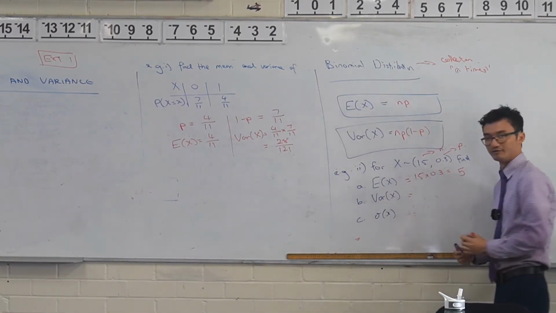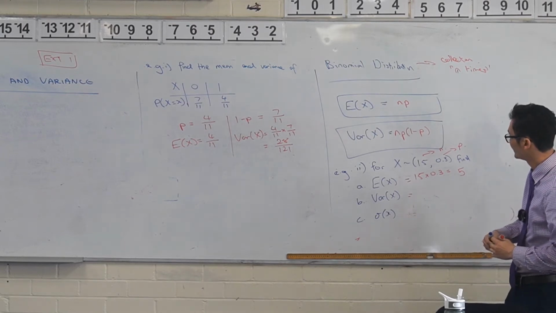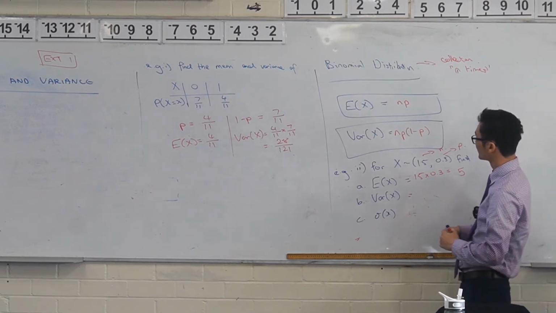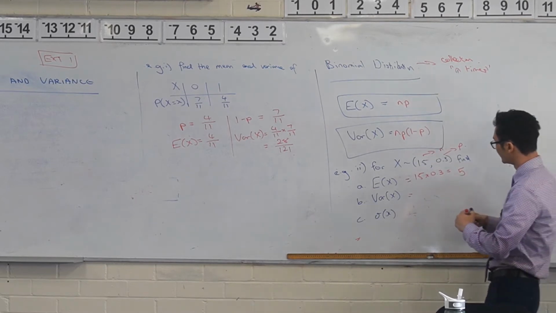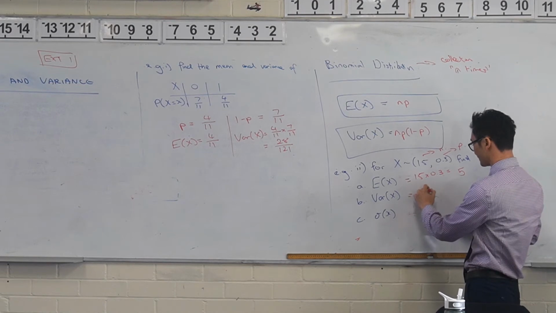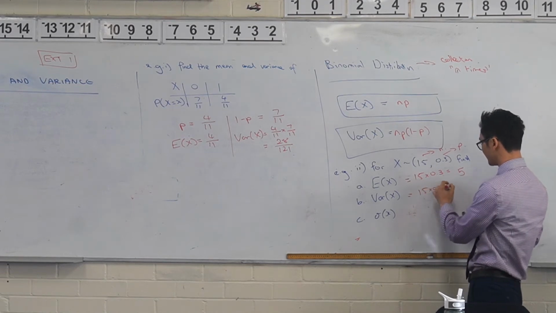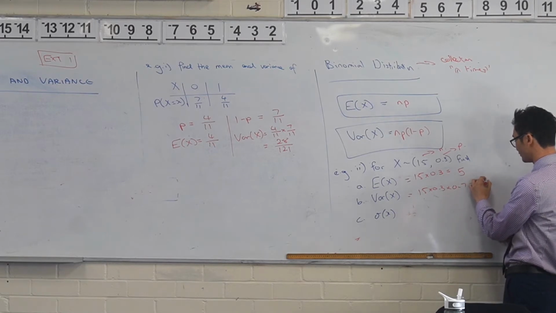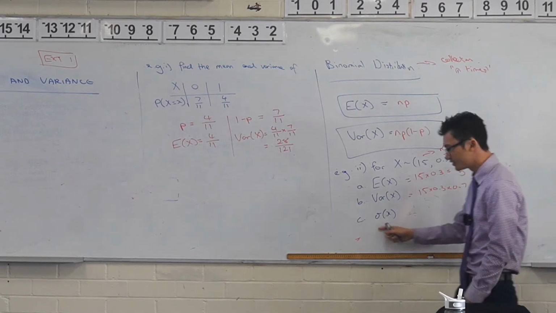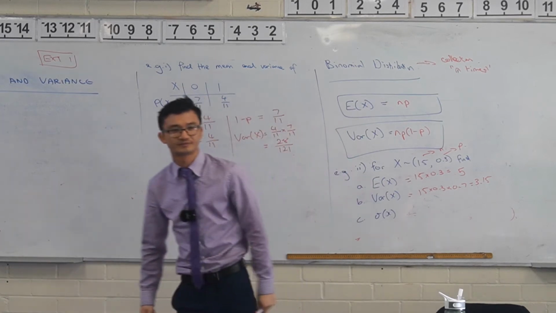Our variance, Angus, can you calculate that for me? So that's np times 1 minus p. So what's that going to be? 15 times 0.3 times 0.7. 3.15, cool. What's this symbol here, though? Does anyone remember that one?